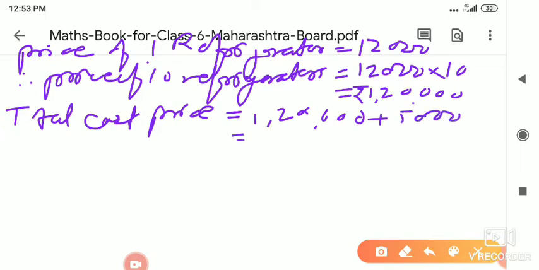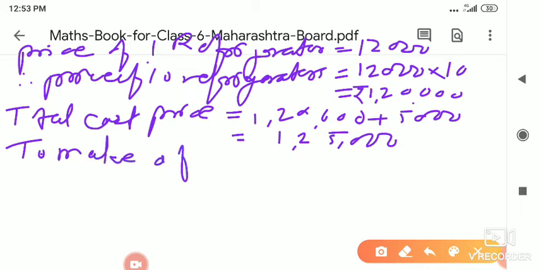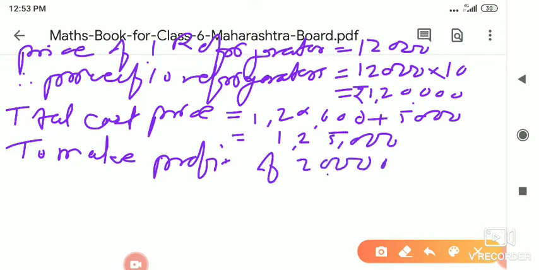The sum of this is 1,25,000. Now he wants to make a profit of 20,000 rupees.